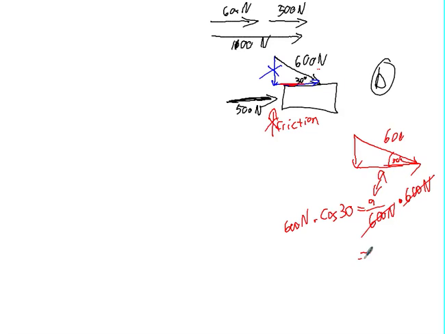So what is A? 519.6 newtons. In which direction? Forward.